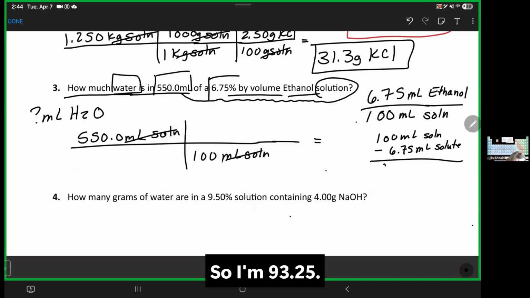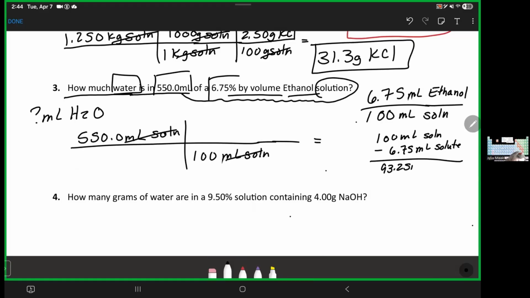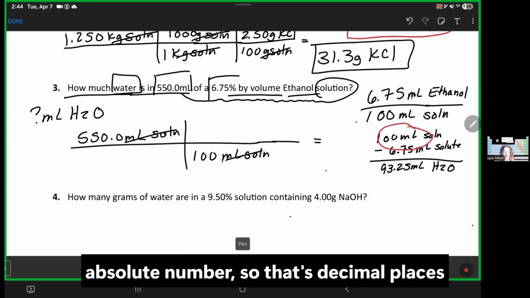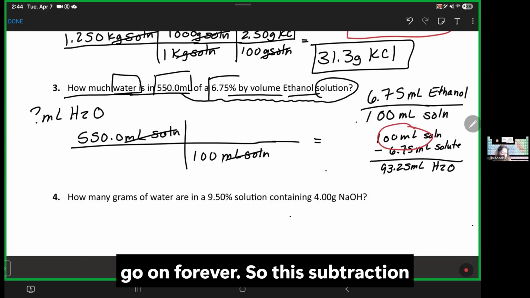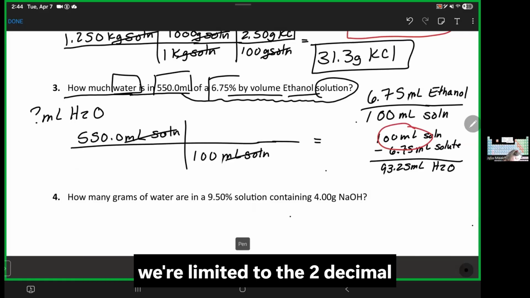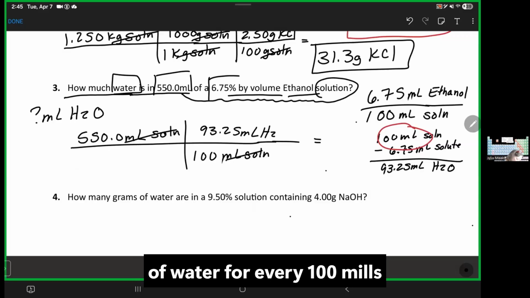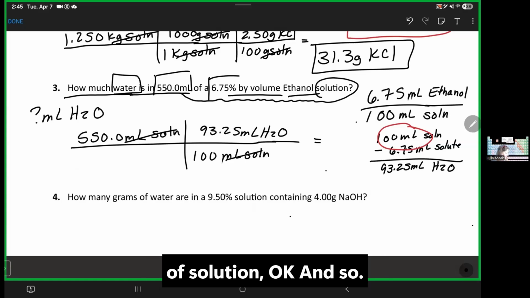So I have 93.25, and okay, so the 100 is an absolute number. So the decimal places go on forever. So this subtraction, we're limited to the 2 decimal places. So we have 93.25 mils of water for every 100 mils of solution.